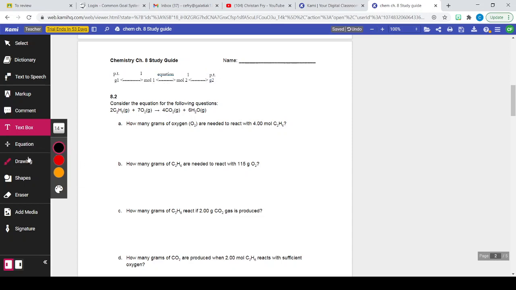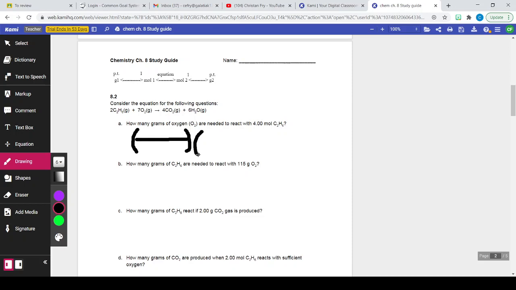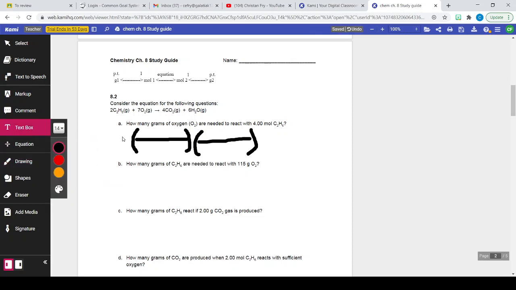Alright, so let me go ahead and do 2 parentheses here. I'm going to start off with what they gave me, and they gave me 4 moles of C2H6.